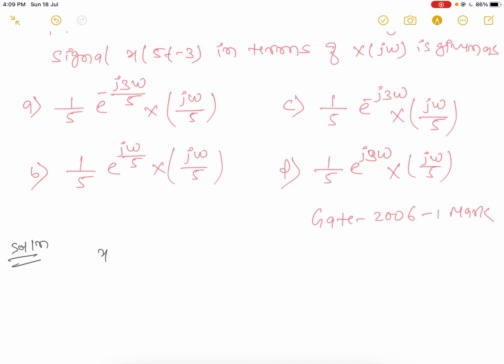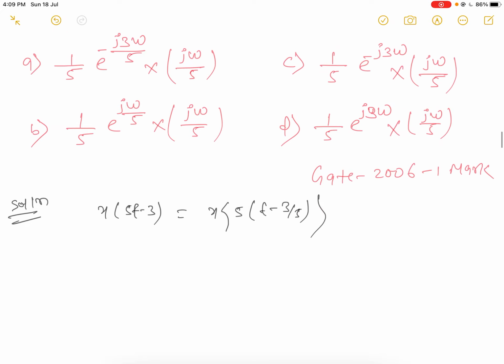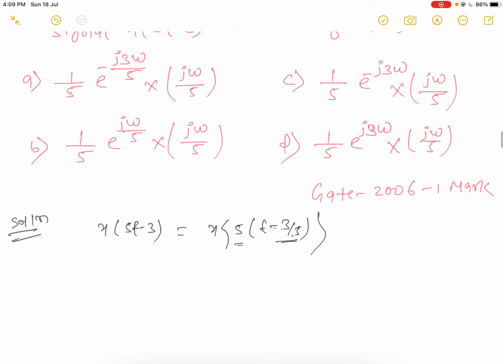So first of all, x(5t minus 3) we can write as x of 5 times (t minus 3 by 5), and check it, here is the 3 by 5 shifting, scaling is 5, so 5 is the scaling, then 5 will be divided in all options, and here is the minus 3 by 5, so it will be multiplied by the exponential of minus 3 by 5. Check it, this one is option A, so the right answer will be option A.